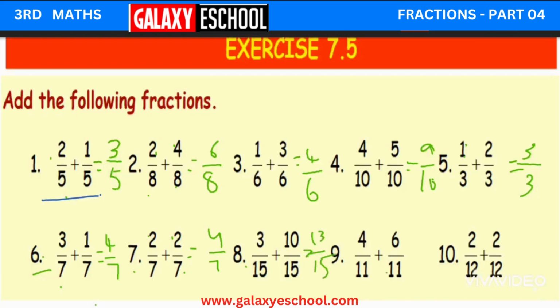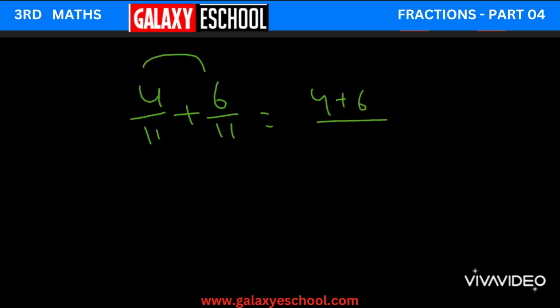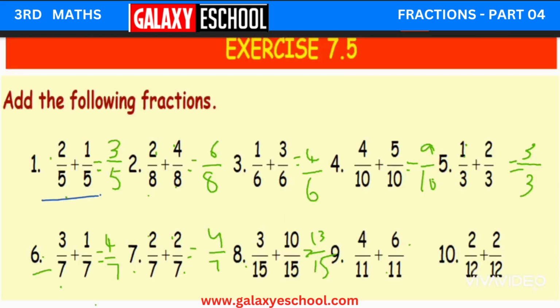Okay, coming to the ninth one, 4 by 11 plus 6 by 11. Again, adding the numerators, 4 plus 6 divided by our common denominator 11. 4 plus 6 is equal to 10 divided by 11. So 10 by 11 will be our sum.